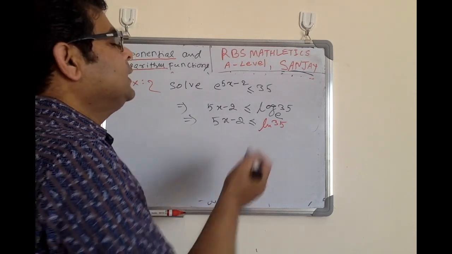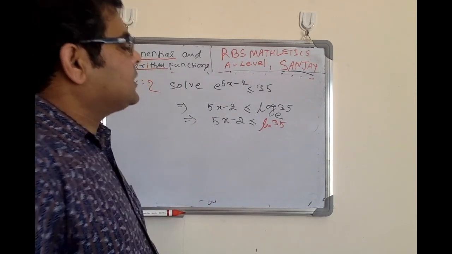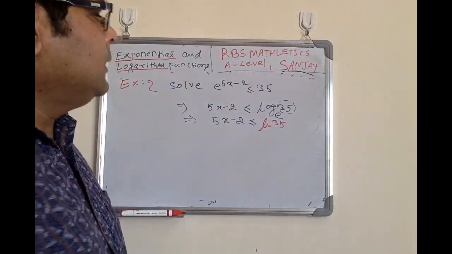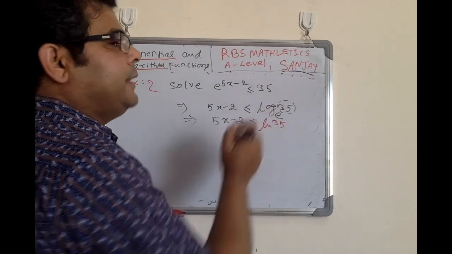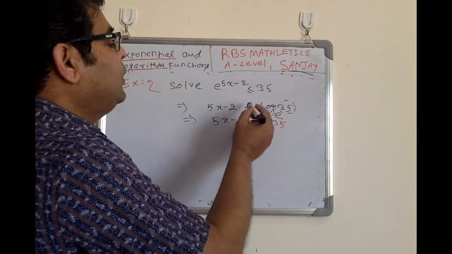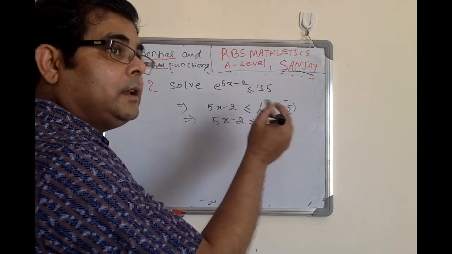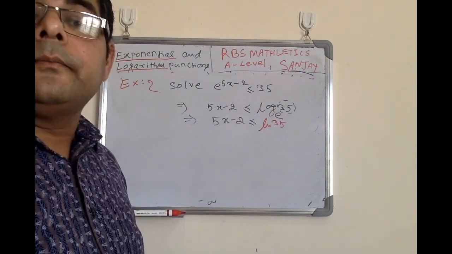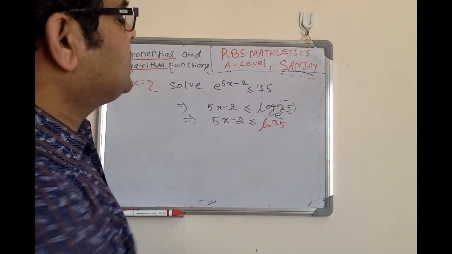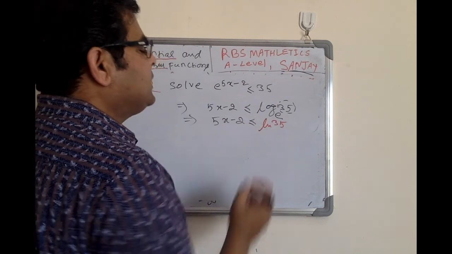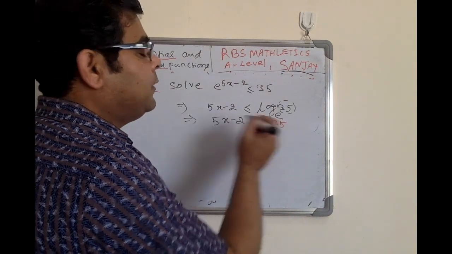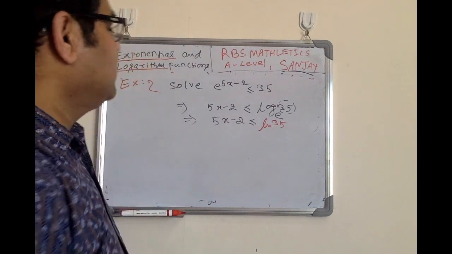But as we have discussed earlier, if this number is less than 1, the value of ln of that number is going to be negative. In that case, you have to take care of whether we remain with the same sign or change it to greater than. At this time we don't have that risk because this number 35 is greater than 1, so we are definitely going to get a positive value for this logarithm.